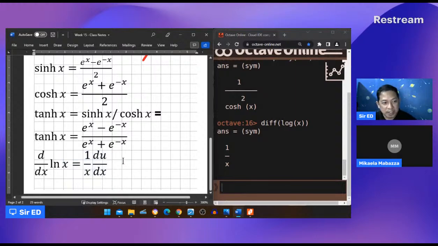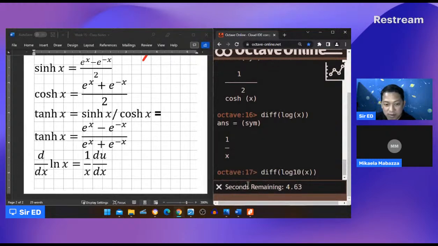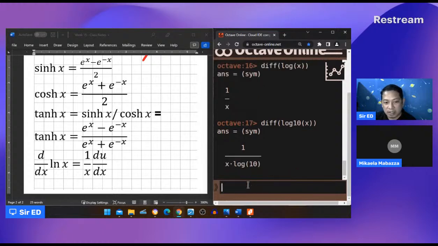So ito ay special type ng log 10. Pag nilagay mo sa octave ang log of x, yan talaga yung base 10 na log. Yan yung kakalabasan: 1 over x log of 10.